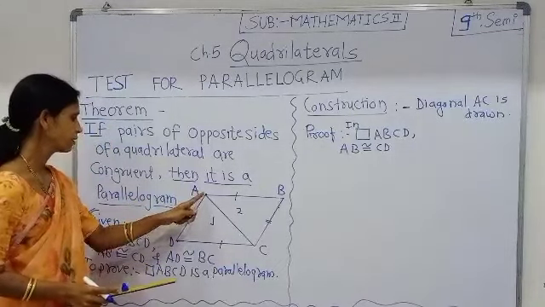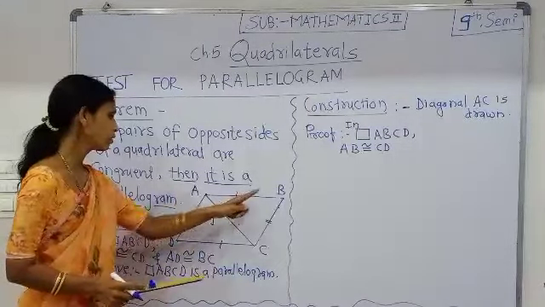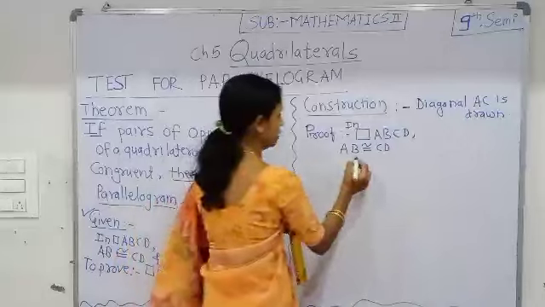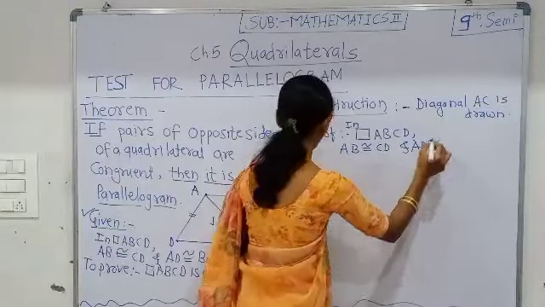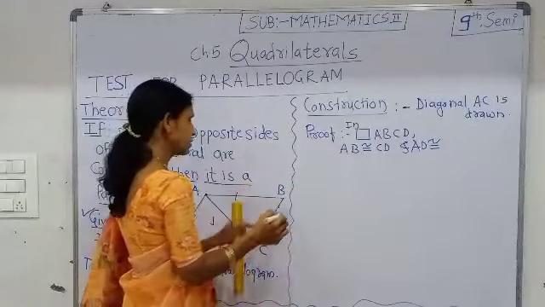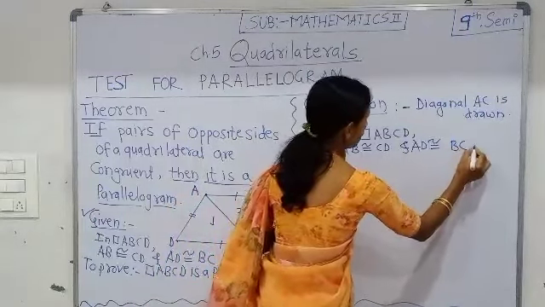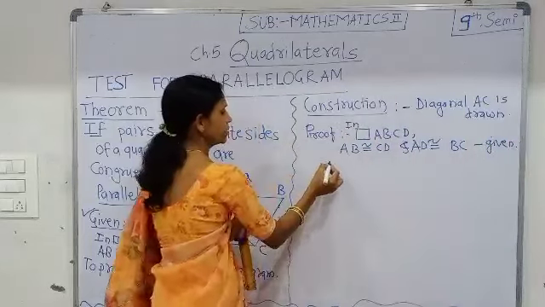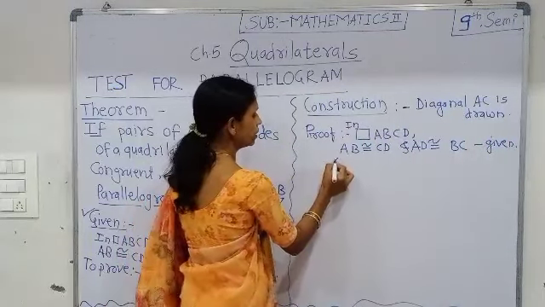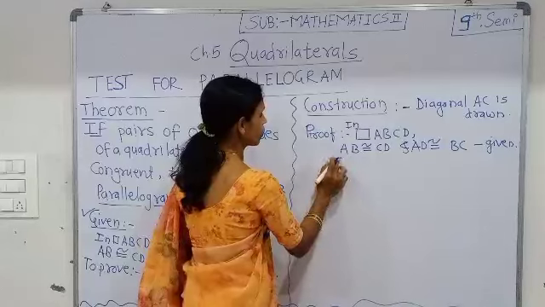And AD congruent BC, that is given. Then see here, due to the diagonal, two triangles are formed.